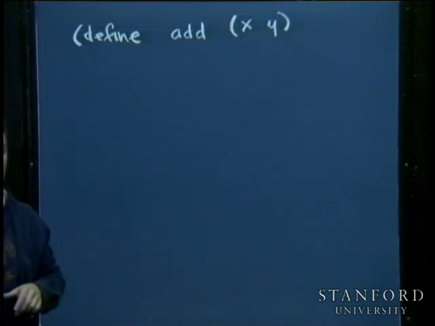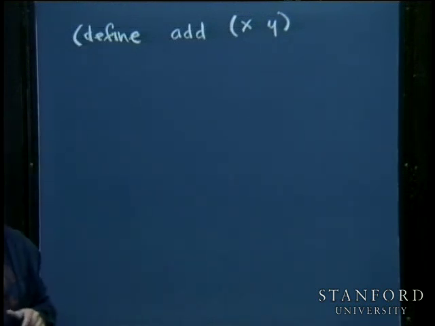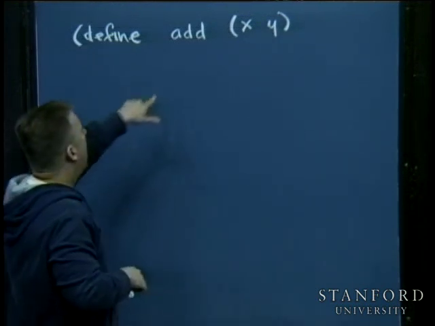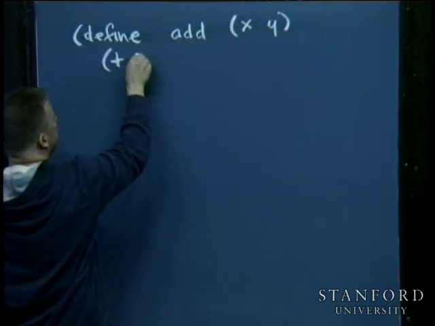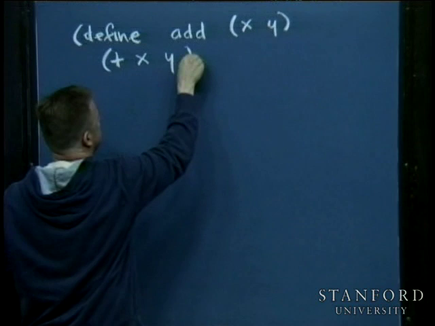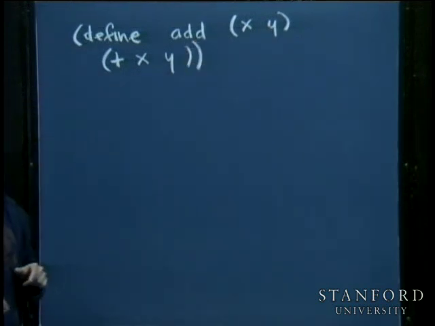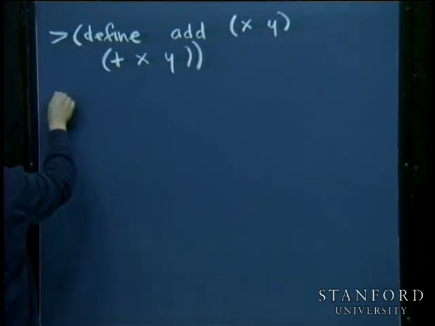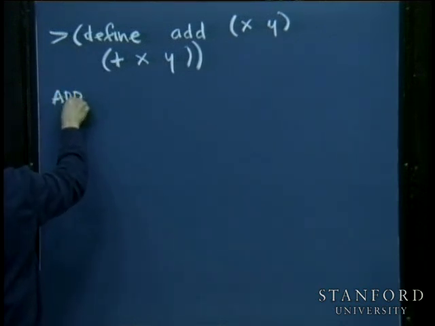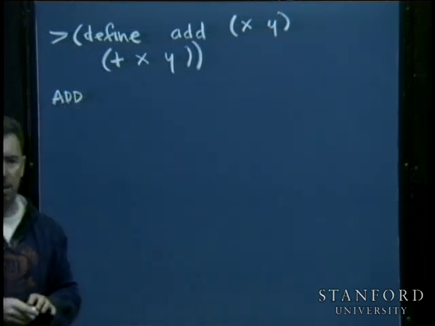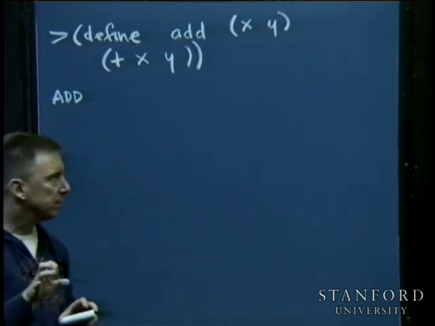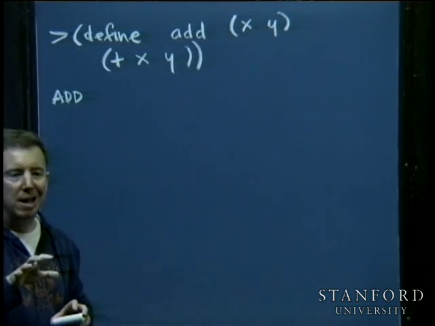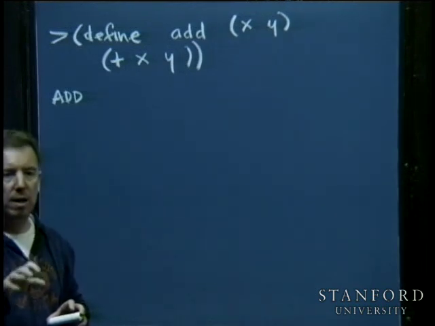There's no comma separation between the arguments. There's just space as the delimiter. And I equate this with this functionality, like that, okay? Then you type that in, it actually comes back and says, oh, I just defined add, thank you very much. Okay? It actually prints out add, not because it evaluated to add, it just, because it's the define keyword, it just wants to remind you what function just got defined.